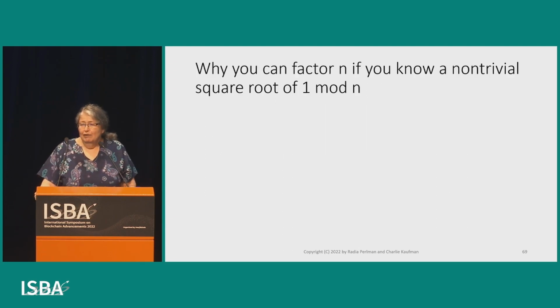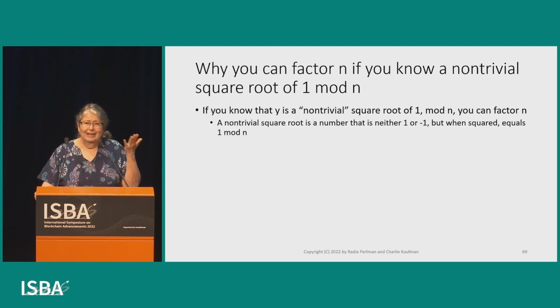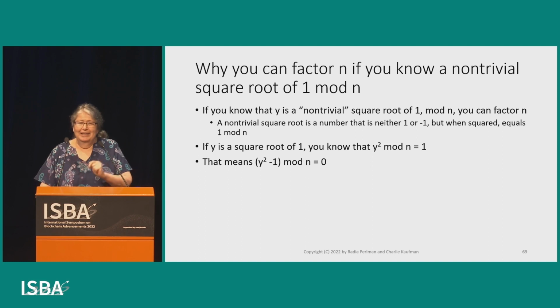So why can you factor n if you know a non-trivial square root of 1 mod n? Let's say that you know that y is a non-trivial square root of 1 mod n. That means y squared mod n is 1, because y is a square root of 1. So y squared minus 1 mod n equals 0.